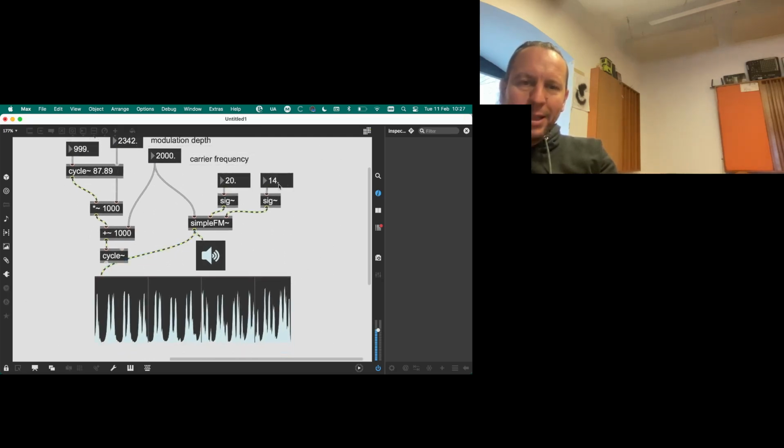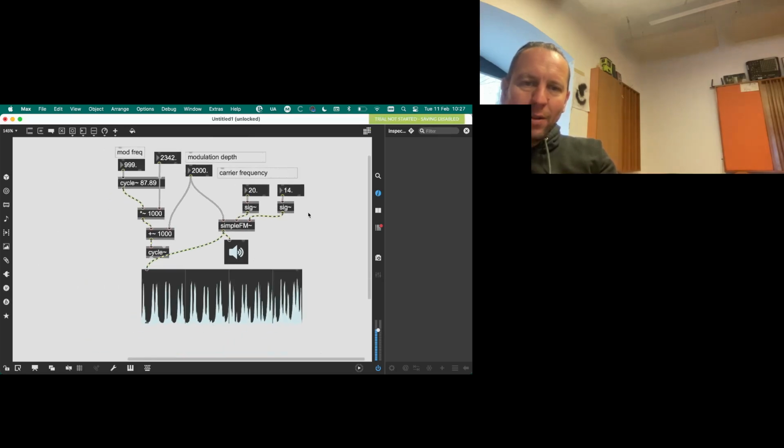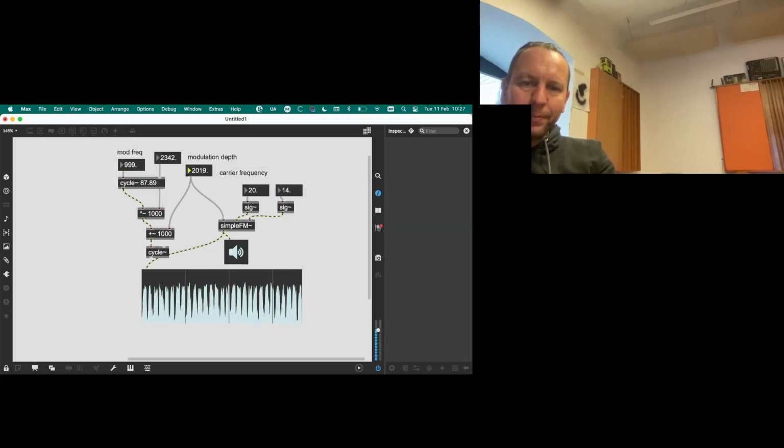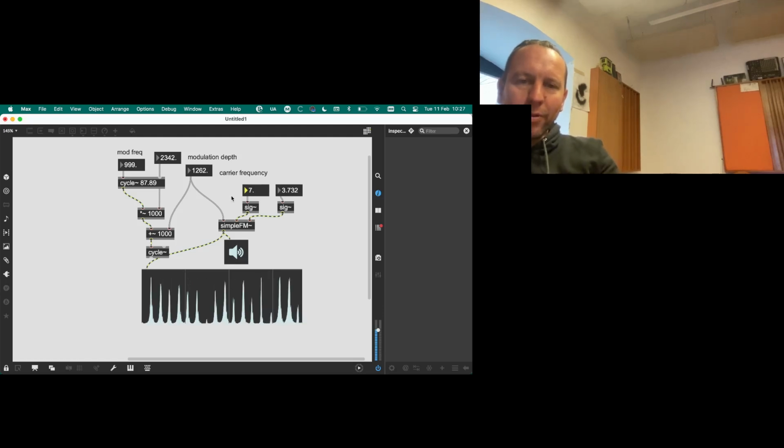Right, so the point is that now if I change the carrier frequency, probably need a bit of a lower modulation index just to have a cleaner thing. Okay, so now actually what happens, this is a bit extreme like that. Let me take a 0.5 here.